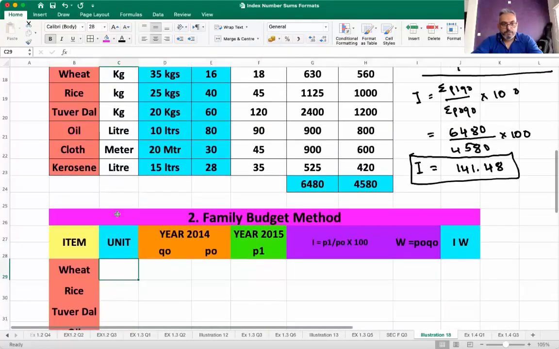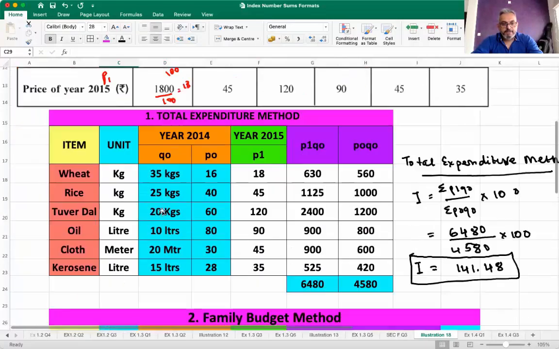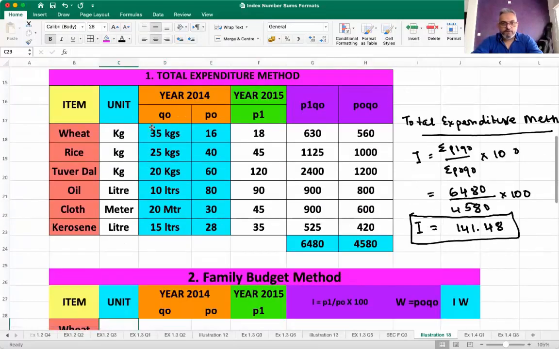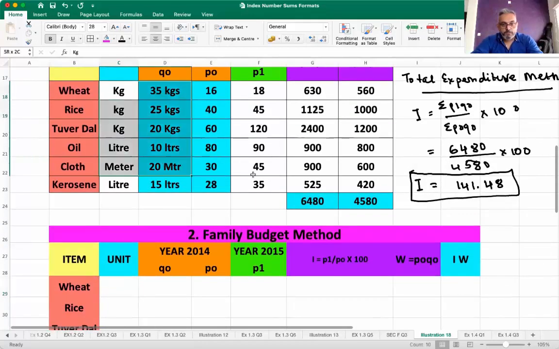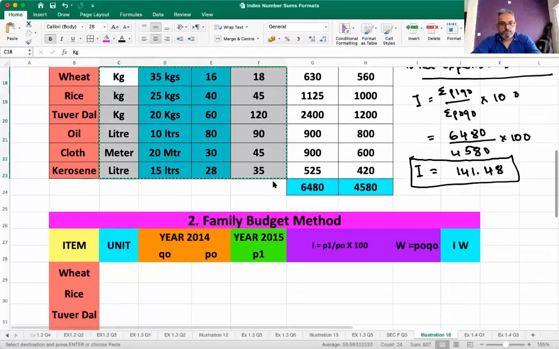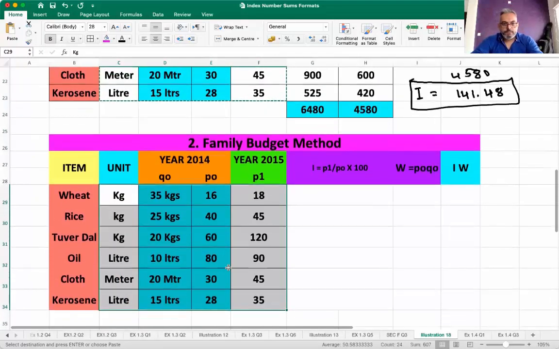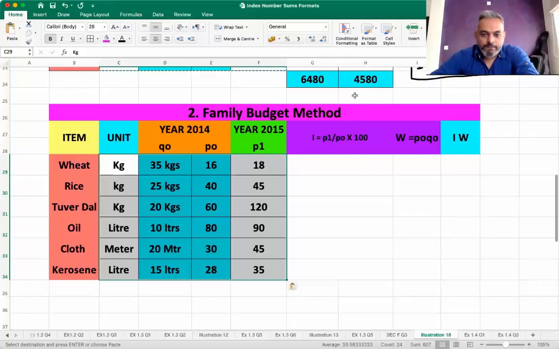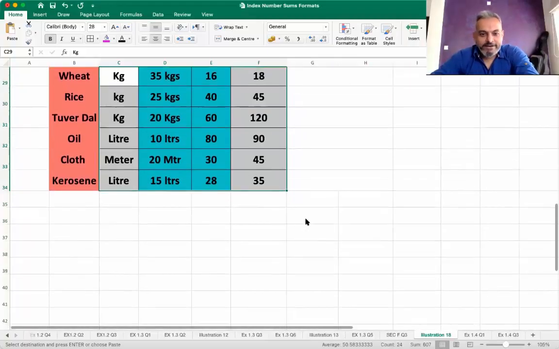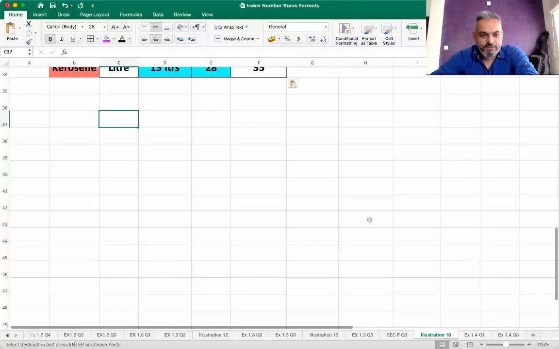Again the same thing, so the units remain the same. This year 2014 Q0 P0, year 2015 P1 also remains the same. Please write them.